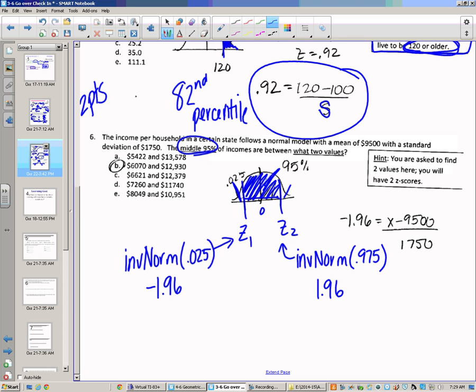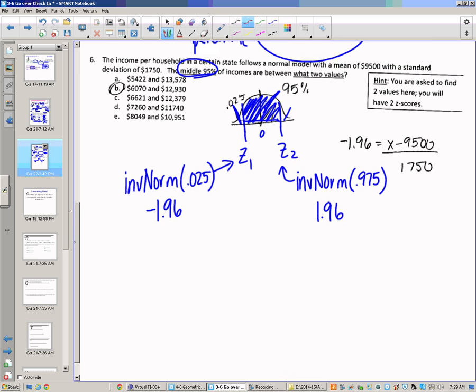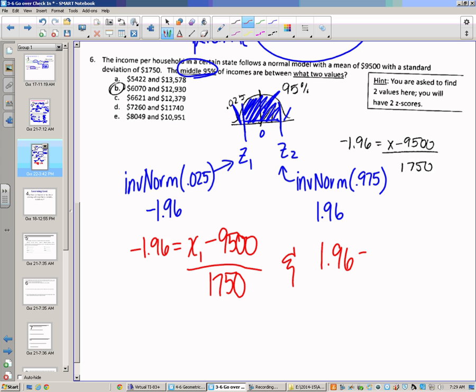So now what I need to do is set up two equations to solve for both values. So the first one will be negative 1.96 equals my first x value minus the mean over the standard deviation. And I would also have to solve this one, my second x value minus the mean over the standard deviation. This was similar to your problem of the week, finding the IQR.